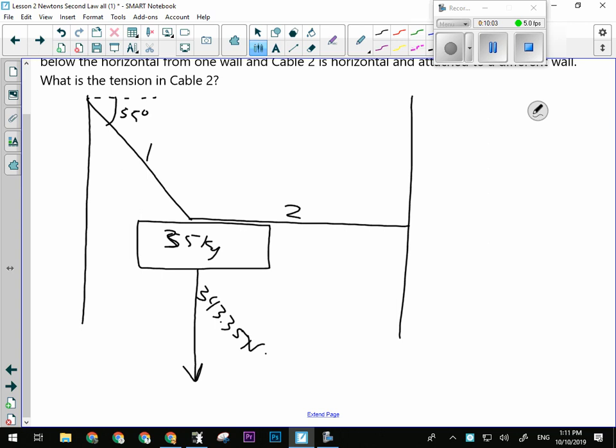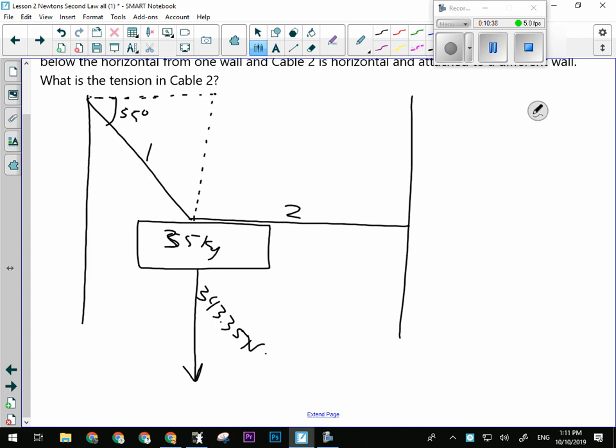The sign's not moving, and cable 2 is horizontal. So can cable 2 support any of that 343 if it's straight down? No, they're perpendicular. Cable 2 is not supporting any weight. What's cable 2 doing? It's stabilizing. It's offsetting something about the first cable, because the first cable's angled. It's pulling both vertically and horizontally, which means it has a horizontal component and a vertical component.